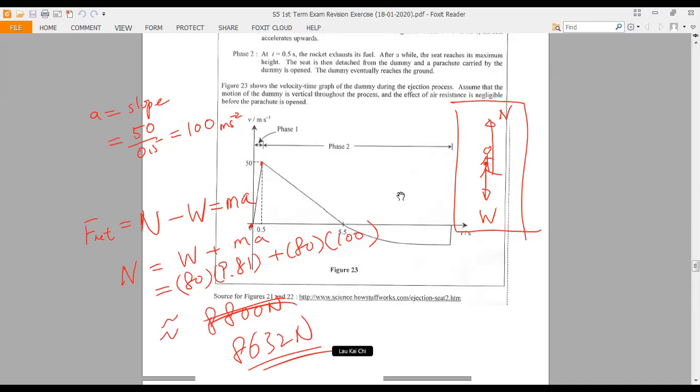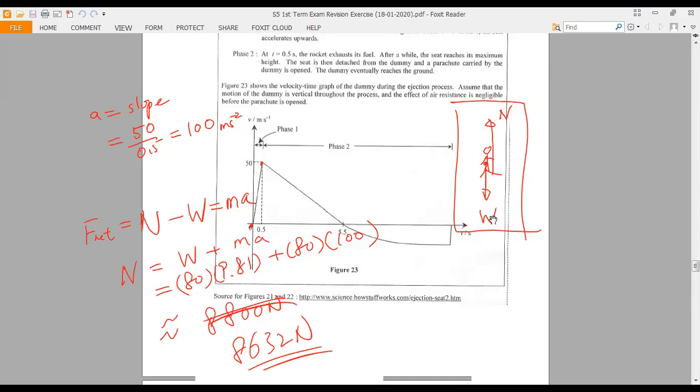Now, I would suggest you spend a little bit more time on this question, especially when it talks about an object going up. It's the same as the question in the lift. There are two forces, a normal force and a weight. If it is accelerating upward, that means the normal force is larger than W. We did a similar question yesterday, right?